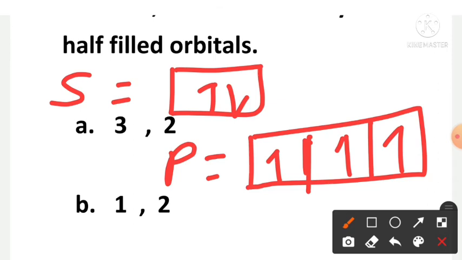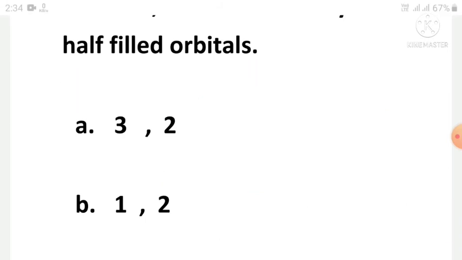If 1 electron is put in each, then it has 3 half filled orbitals. Now if 1 is completely filled, then the remaining 2 orbitals are half filled. So we have to draw the orbitals and derive fulfilled and half filled orbitals.